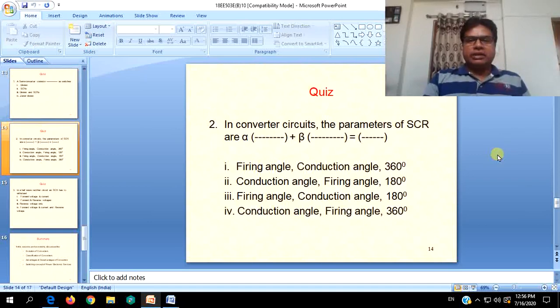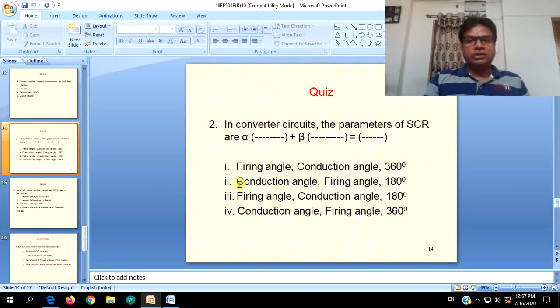In converter circuits, the parameters of SCR are: alpha plus beta equal to what? Alpha is the firing angle, beta is the conduction angle, and the sum will be equal to the total angle of a given half cycle, 180 degrees.